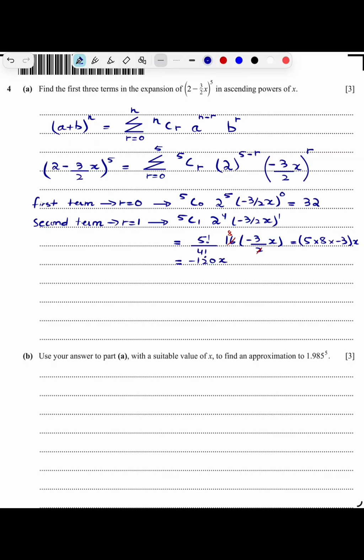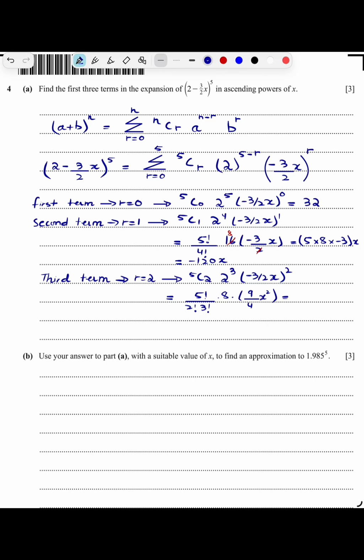Okay, good. The last term, the third term, has r equals 2. So 5C2, 2 power 3 and minus 3 over 2x power 2. Okay, so this is just 5 factorial over 2 factorial, 3 factorial. 2 power 3 is 8, and we have 9 by 4x square here.